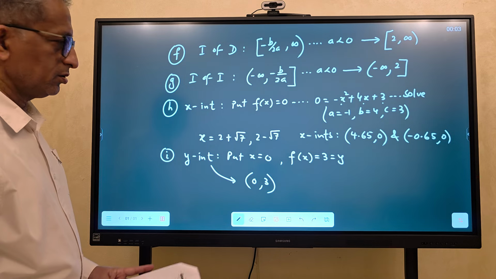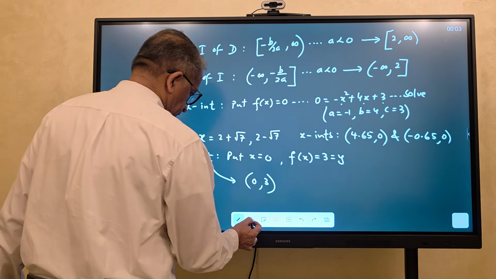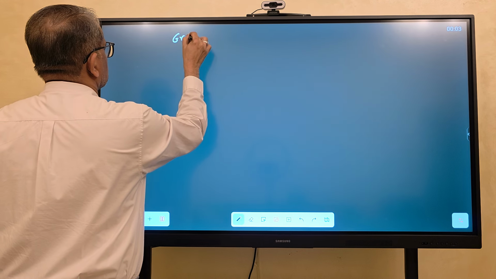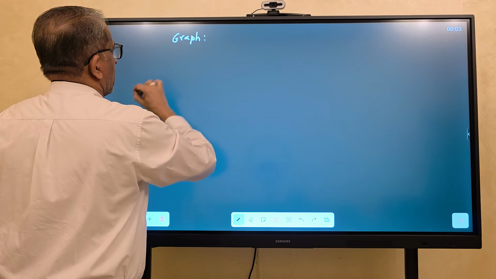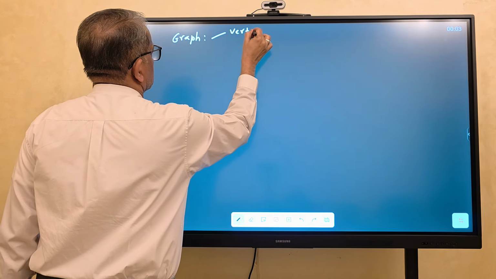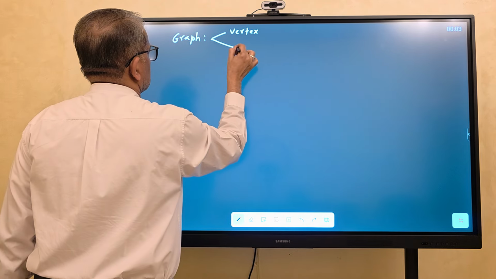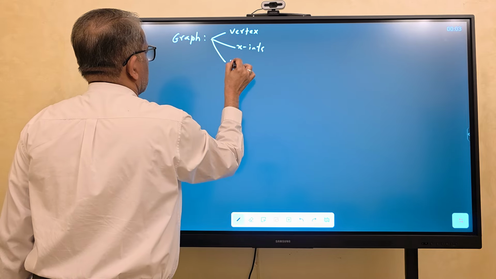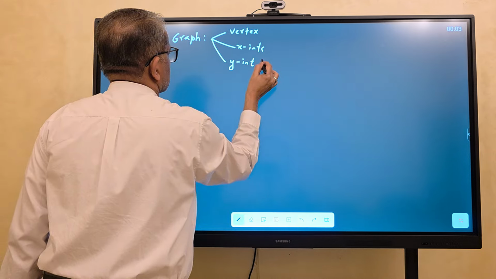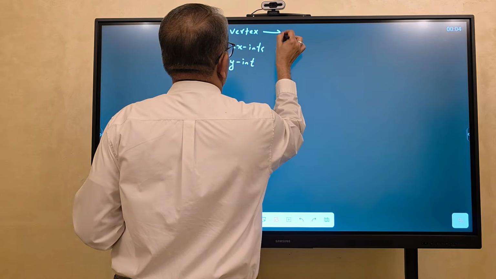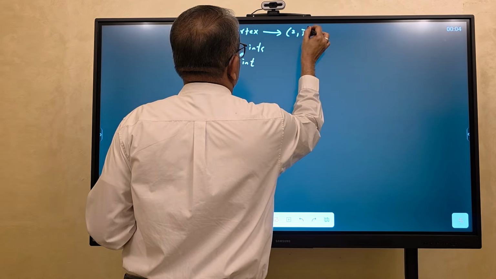And now I come to the graphing, the last part. How many points do I need? Vertex, x-intercepts, and then y-intercept. The vertex we already got, it is (2, 7).